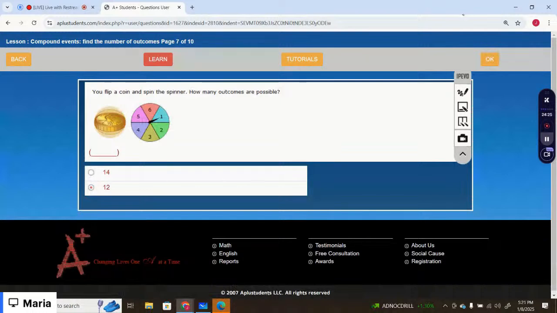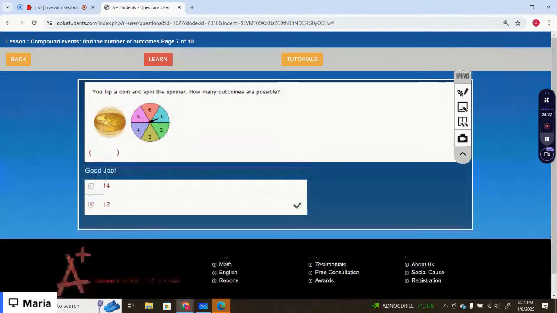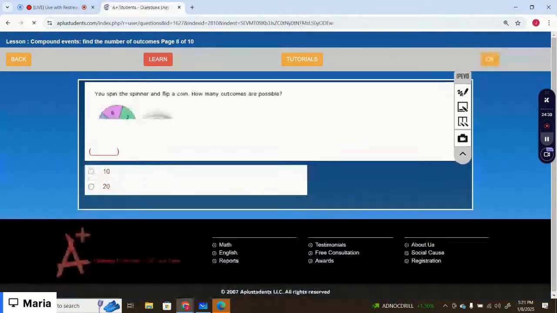That is 12. 2 times 6 is 12. Option number 2 is the correct option.